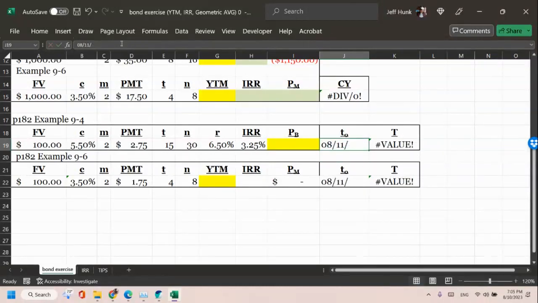Oh, I had to do that, because I even put another slash here. And then maturity will be automatically calculated, right?